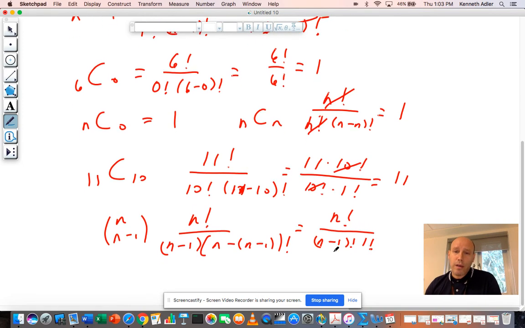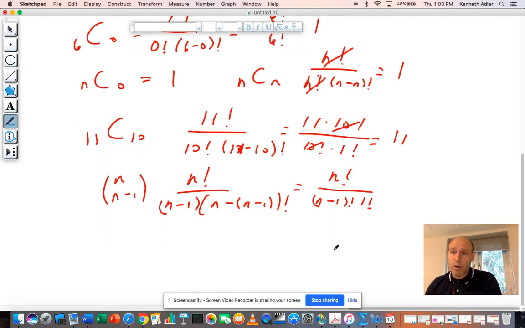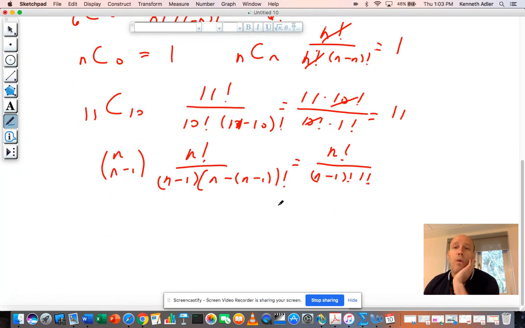You ready for the trick? Who's ready for the trick? Well, it becomes n factorial over 1 factorial times n minus 1 factorial. I just switched these two around, and well, that was n choose 1.